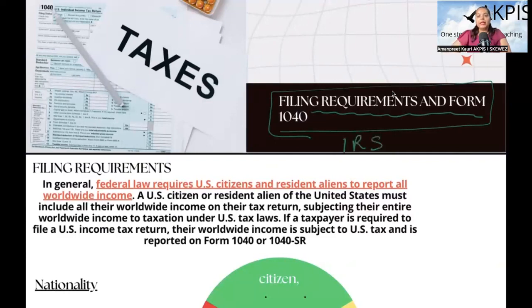For instance, in India there is the Central Board of Direct Taxes, who takes care of whether the taxation compliances are done in a proper manner or not.